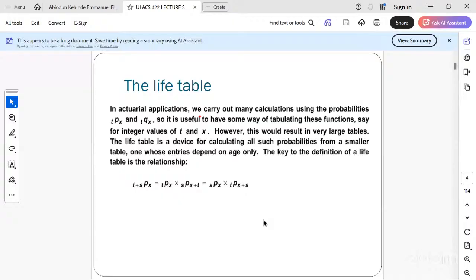You can compute the probability of the future life, the probability that the life will survive up to a future time, or the probability that the life will die before a future time.